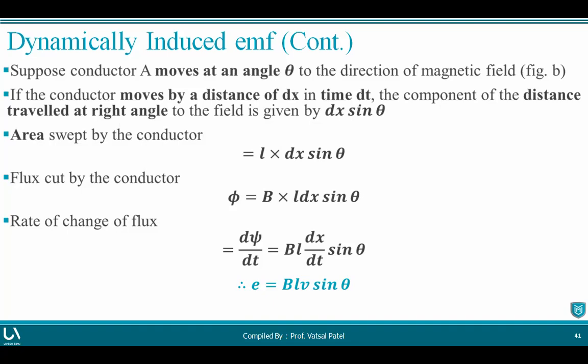And then after we identify the flux linkages, psi component, from that we identify d psi by dt, that is the induced EMF component, and that is equal to small e. E is equal to B l v sine theta. So that is the dynamically induced EMF from our discussion.